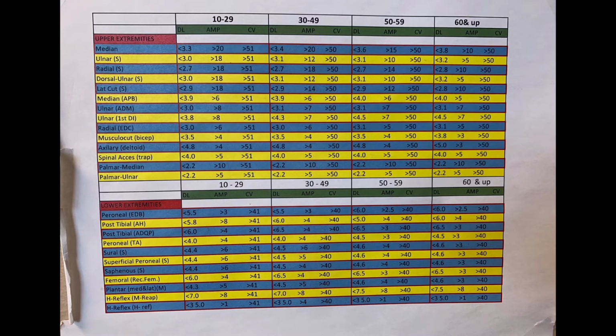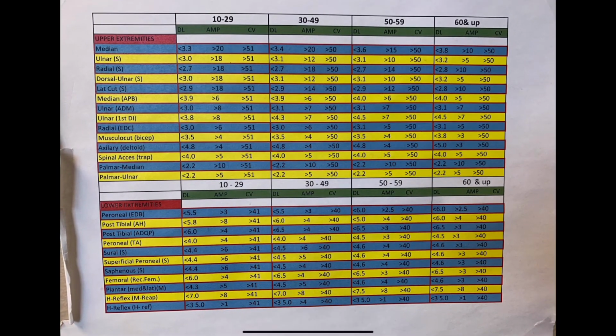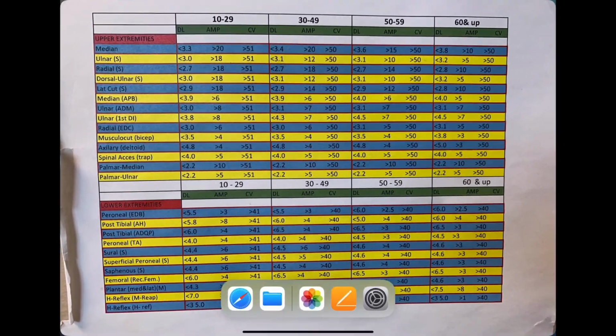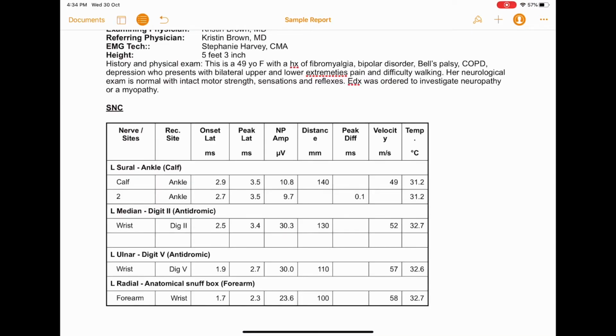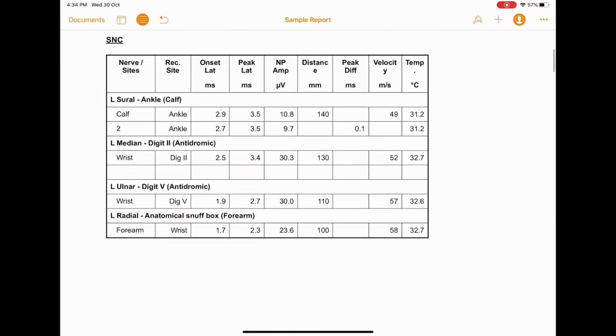So let's go back to the report. Okay, this is a brief about sensory nerve conductions, and in this report they have tested the surals and in the upper extremity, median, ulnar, and radial nerves, which is the usual protocol for any extremity.